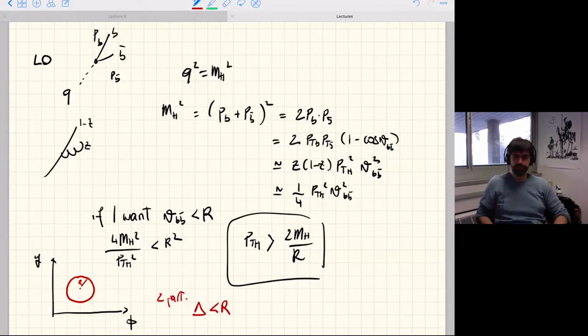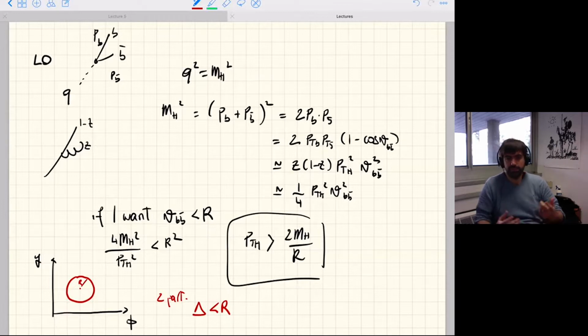Now, another thing you can do in the collinear limit is relate this distance in rapidity and azimuth to the angular separation between the three-momenta of the two particles. And that's how I wrote this down. How can you do that? Well, for instance, you can write down the full momentum either in terms of energy and angles, or in terms of rapidity and azimuth.